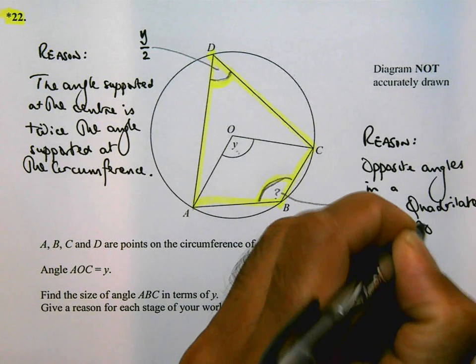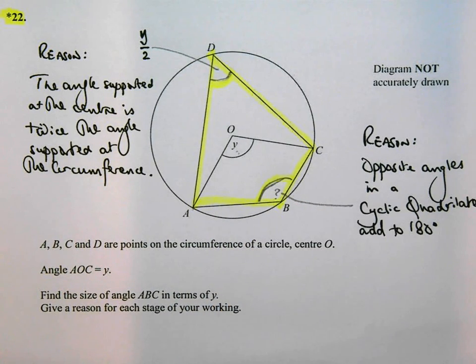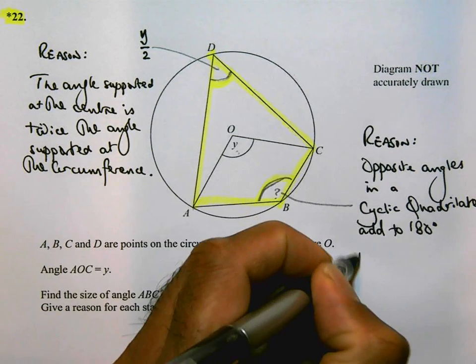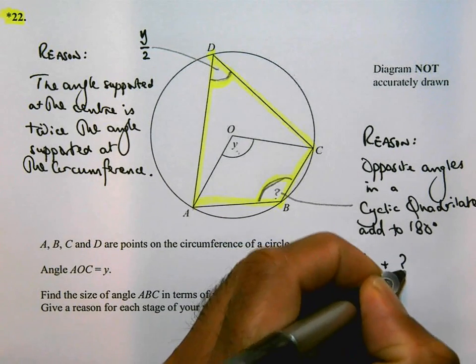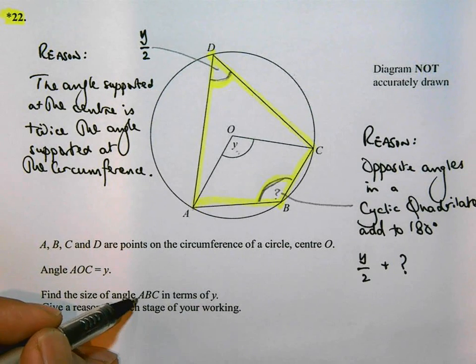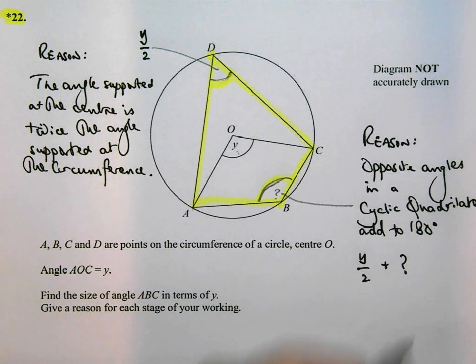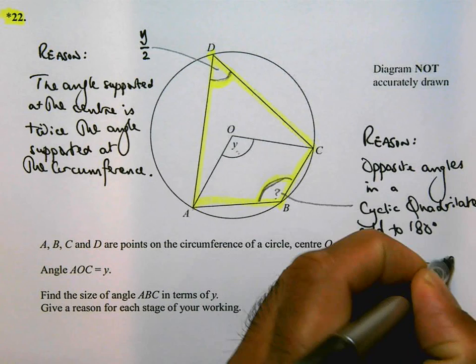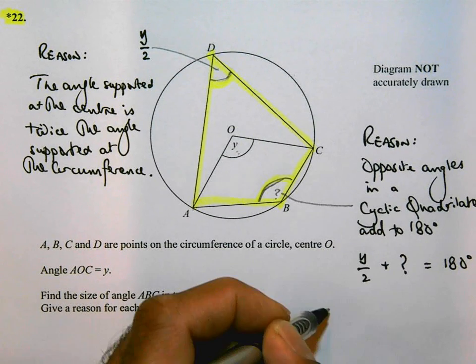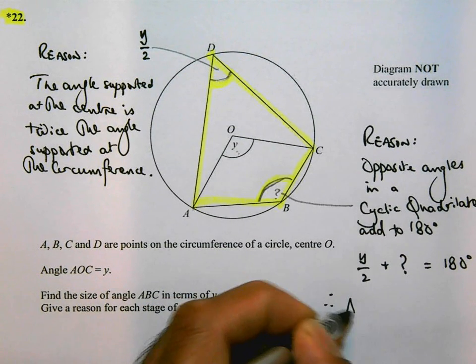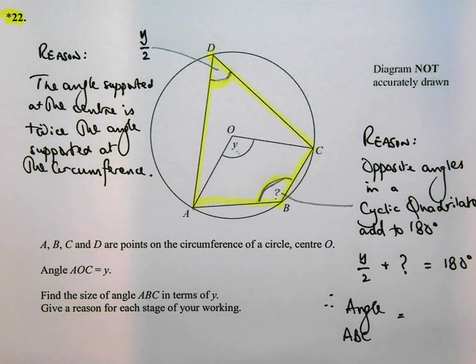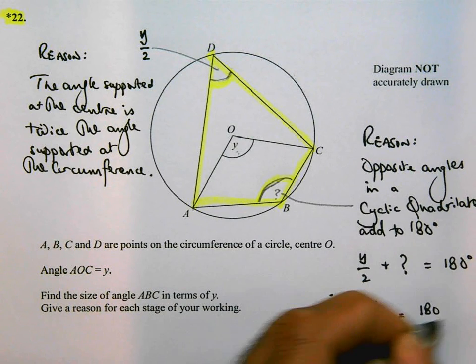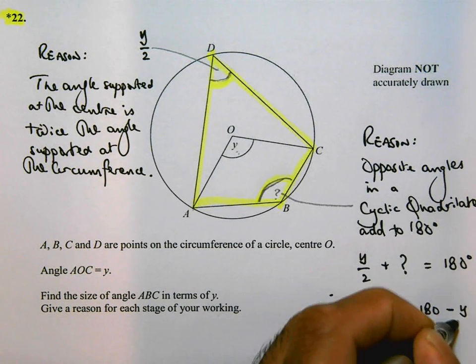What that means is Y over 2, which is this angle up here, plus angle ABC, I'll just put a question mark for that, is going to give me 180 degrees. So what that means is angle ABC is going to be equal to 180 take away Y divided by 2, or a half Y.